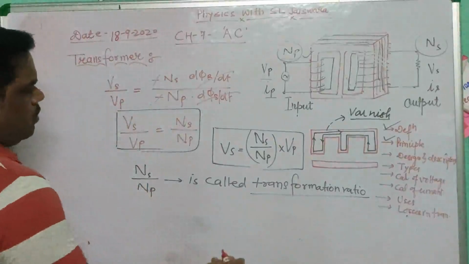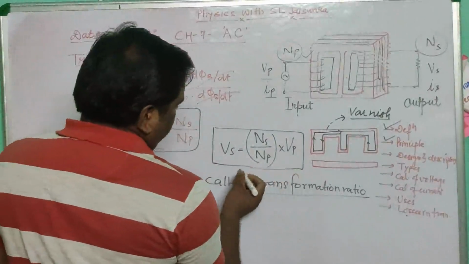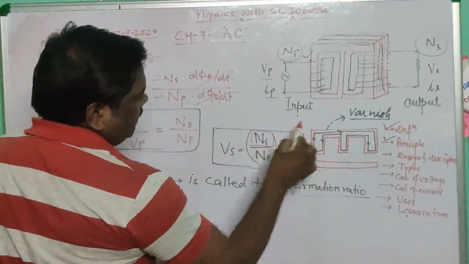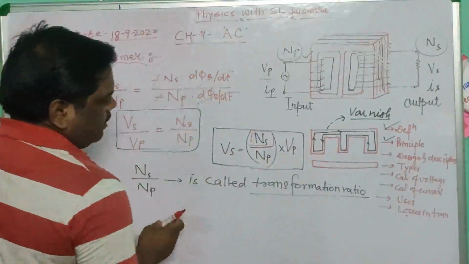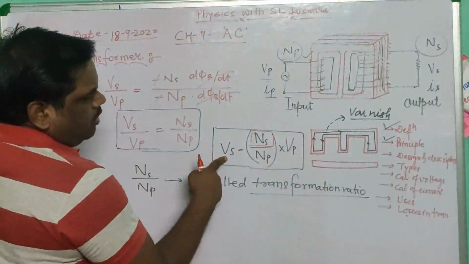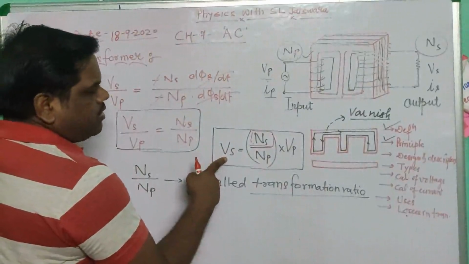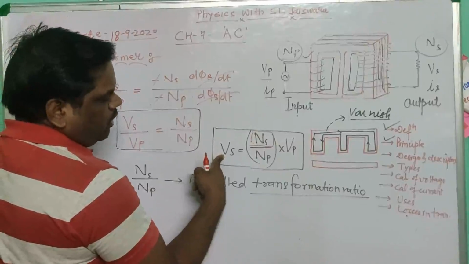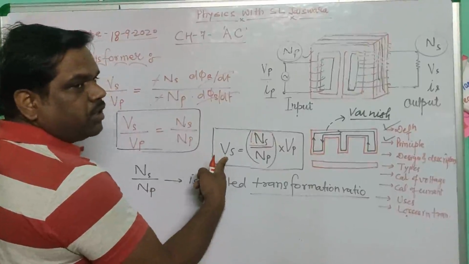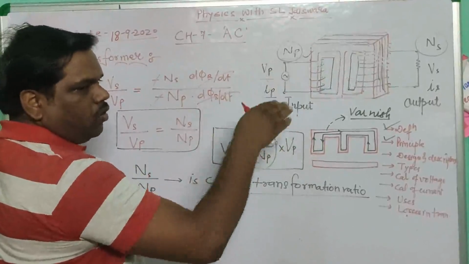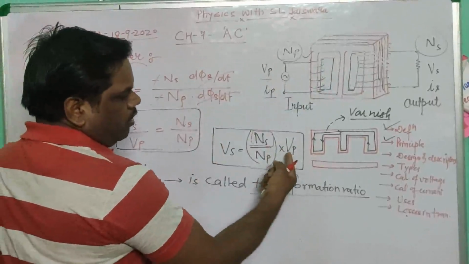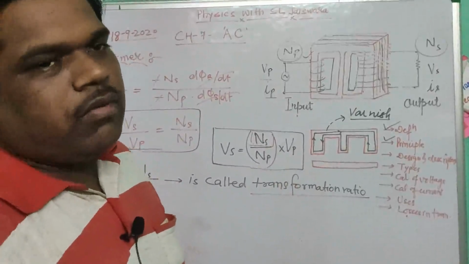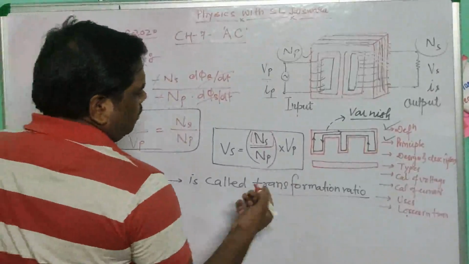Okay, so see this equation here. If the number of turns in the secondary coil increases, then the voltage across the secondary coil will also increase. This is directly proportional to output voltage. Vs stands for voltage across the secondary coil, or you may say output voltage, while Vp stands for input voltage or primary voltage.